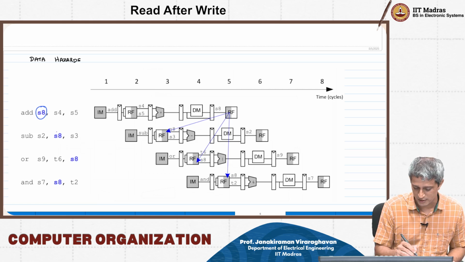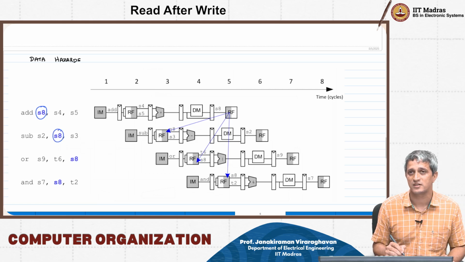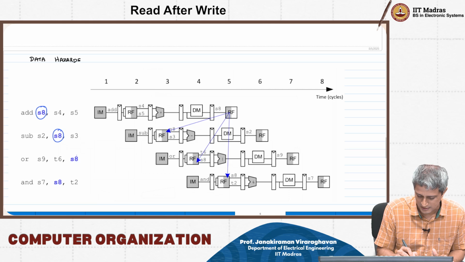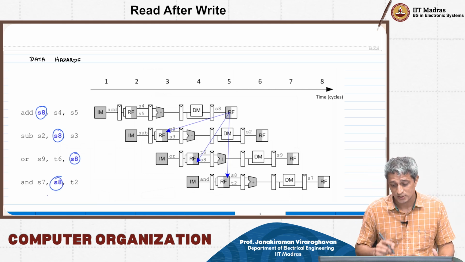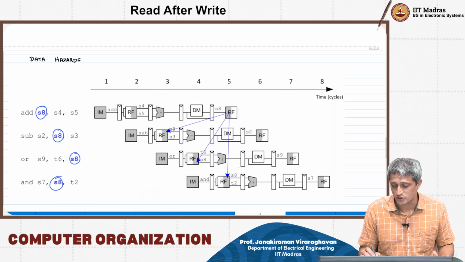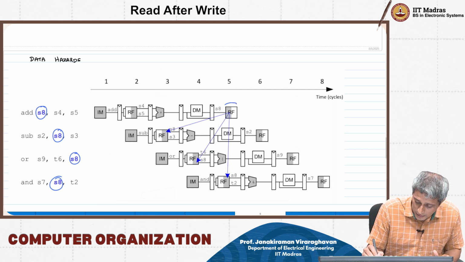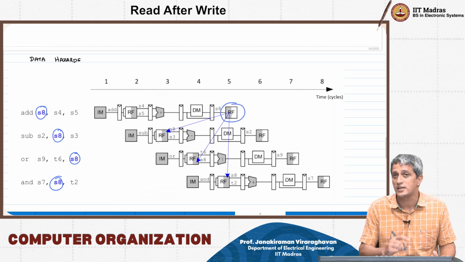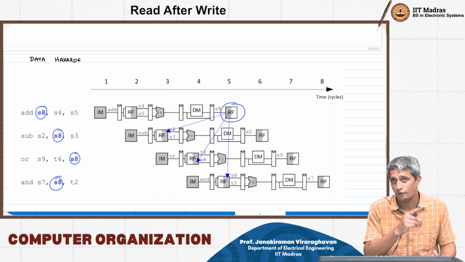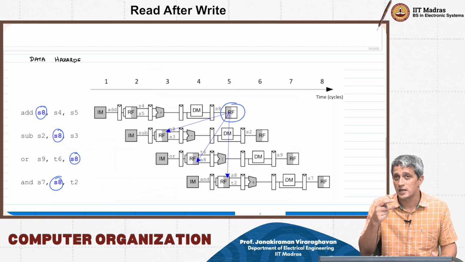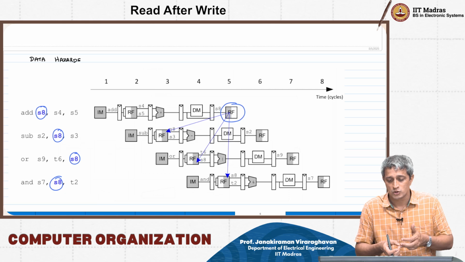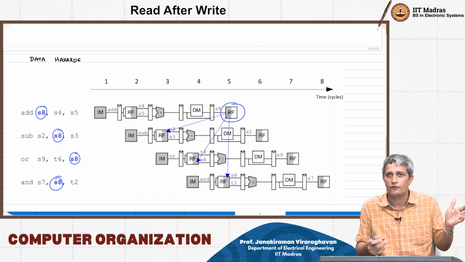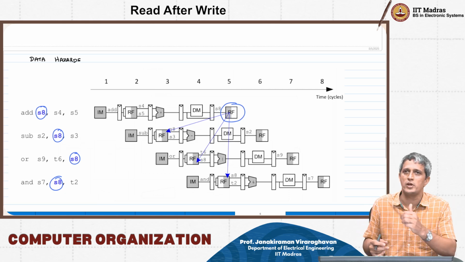Anyway, what we now want to see is the data hazards that are caused by this S8 being reused in the second, third and the fourth instruction. The second instruction is very interesting because the write back to the register file happens only in cycle 5 for the first instruction, but in cycle 3 you expect the data to be available, so that the register file can read it out and you can give it to the ALU.